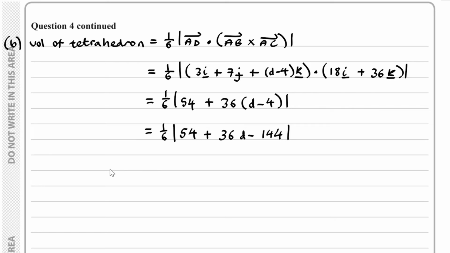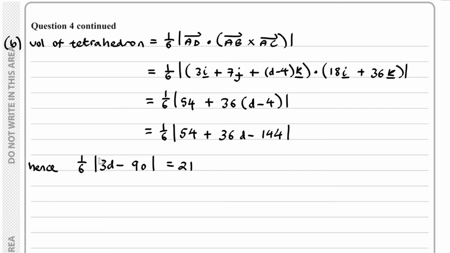Okay, so we have 1/6 lots of the magnitude of this bit over here simplified, so we have 36d minus 90 equals 21.